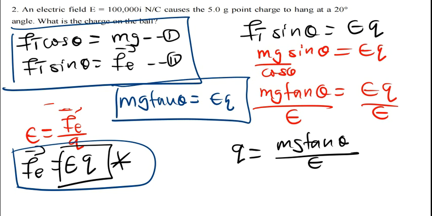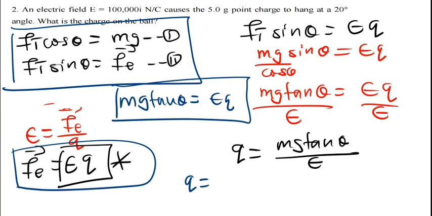I can find the mass, I can find the electric field, I can find the Q. I can also find the electric force if I've been asked to find it, because I will replace this with electric force. So anything you're going to be asked here, as long as you reach that point, you see what is missing. Then start substituting. Plug in the values, see what is missing, find it. As simple as that.